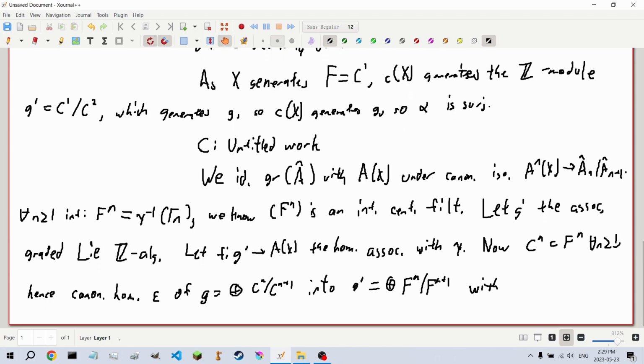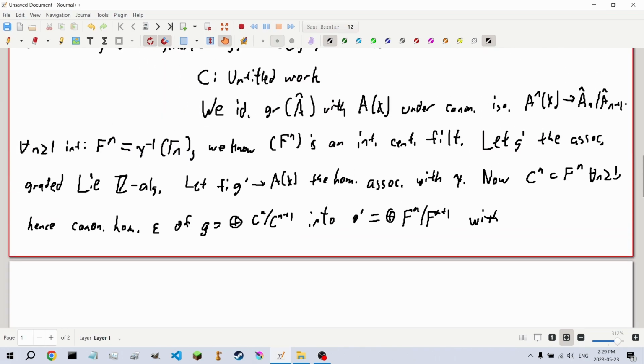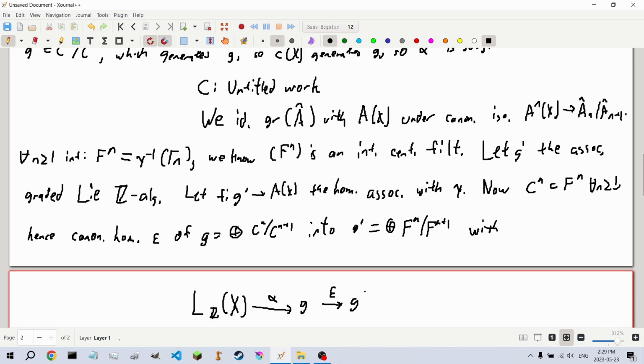With the following diagram, which we're going to need a new page for. And it looks like we have our integral Lie algebra on X, mapping under alpha to G, mapping under eta to g prime, mapping under f to the free associative algebra on X.